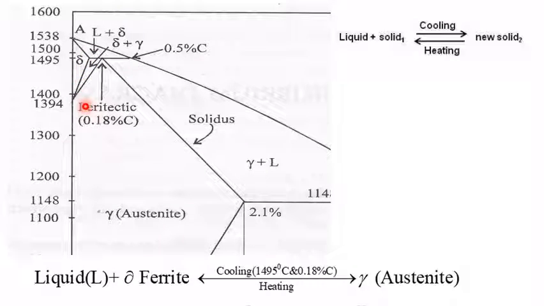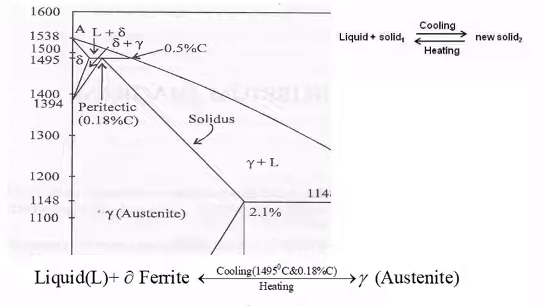So here we can see the peritectic reaction is going to occur at 1495 degrees Celsius at 0.18% of carbon, and as the temperature drops down, the solubility of carbon in the austenite also increases. You can see maximum up to 2.1, but it decreases as the temperature increases.